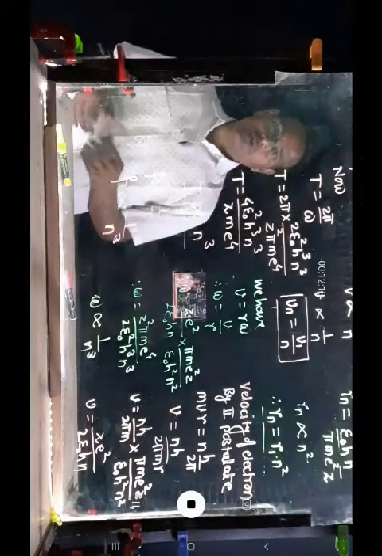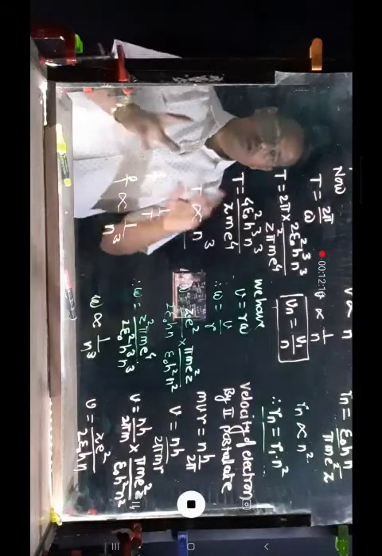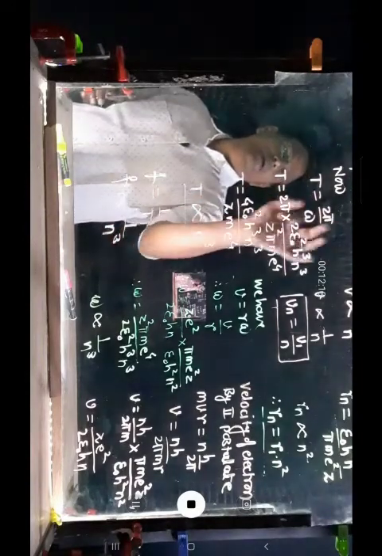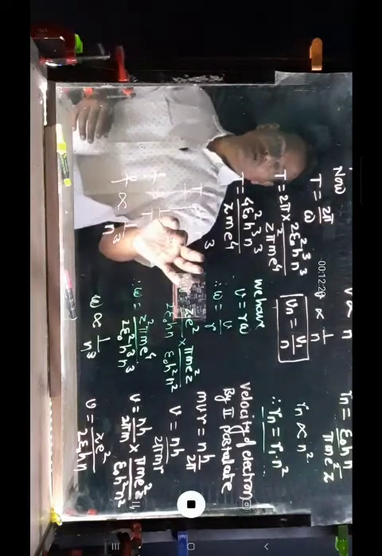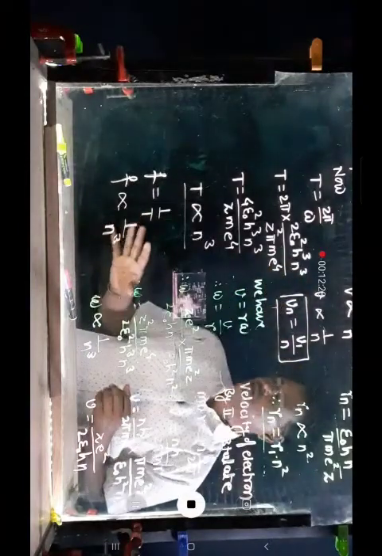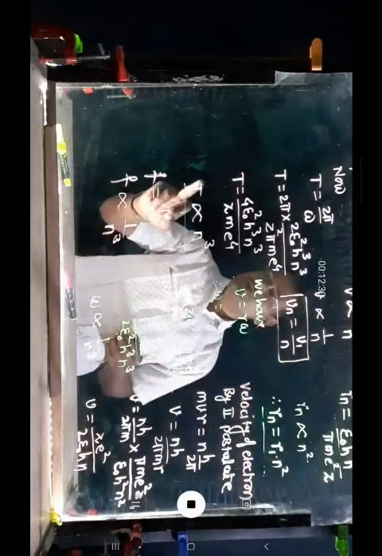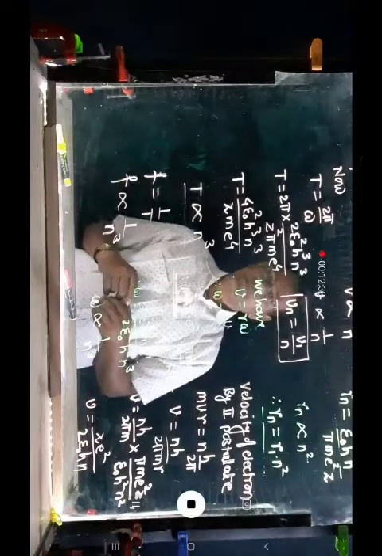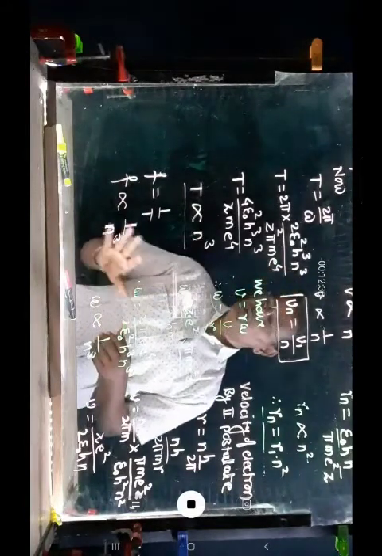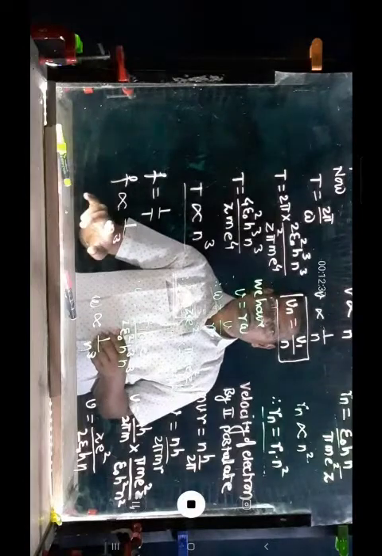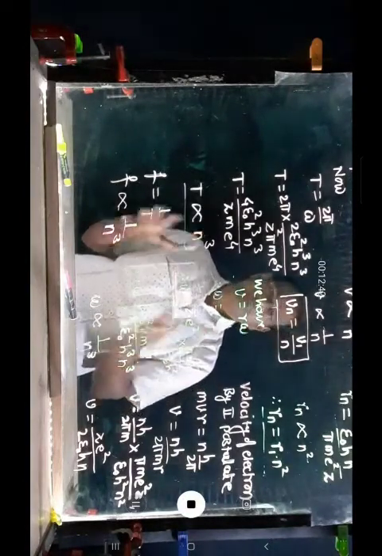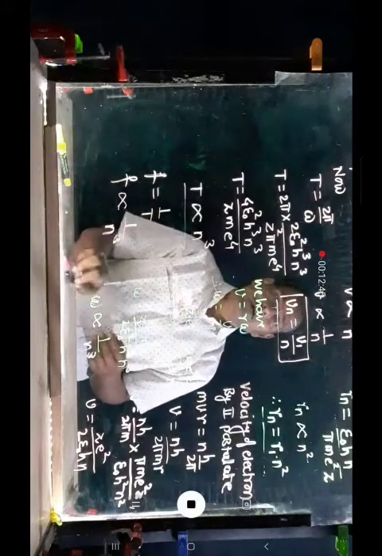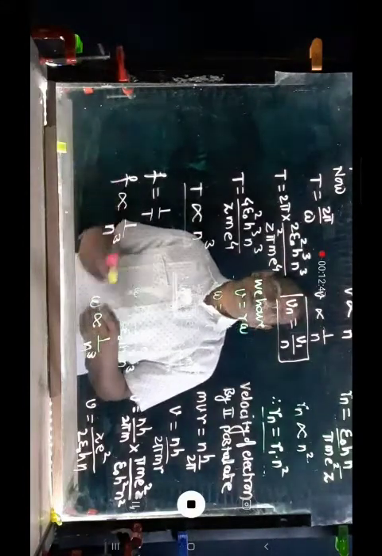The time period of revolution of the electron around the nucleus in any atom is 2 pi by omega. So finally, T is directly proportional to the cube of the principal quantum number. And we know that the frequency of revolution is the reciprocal of the time period, so frequency is inversely proportional to the cube of the principal quantum number. So these are actually remarks or extra information which is useful for solving different problems.